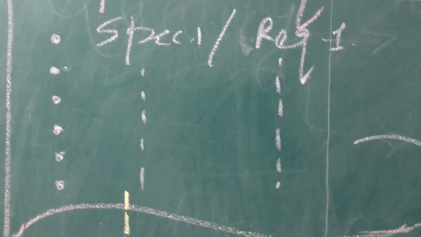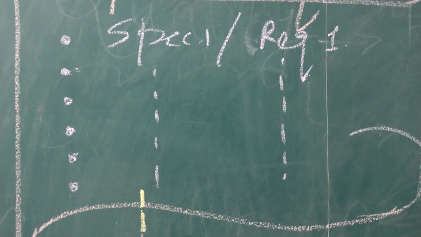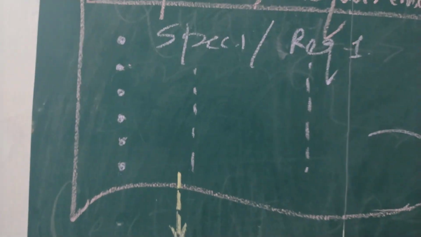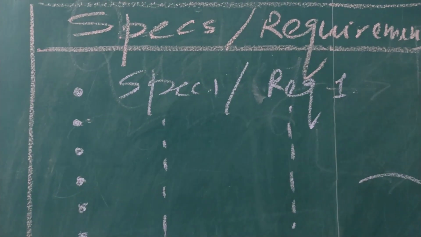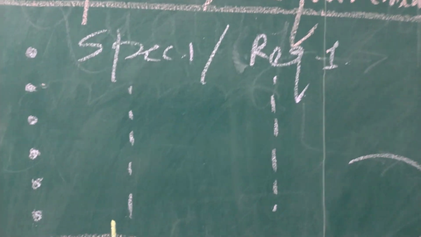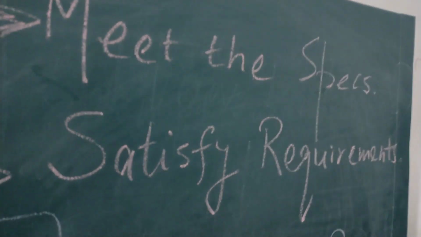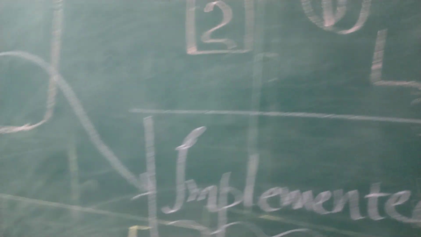It could be features, it could be functionality: function 1 to 10, specification 1 to 10, requirements 1 to 10, or like that. Now how do we say that this particular product, which has this set of requirements that I am showing by dot dot dot, is meeting all the specifications? How do we generally ensure that? I'll try to explain in a very simplified way.